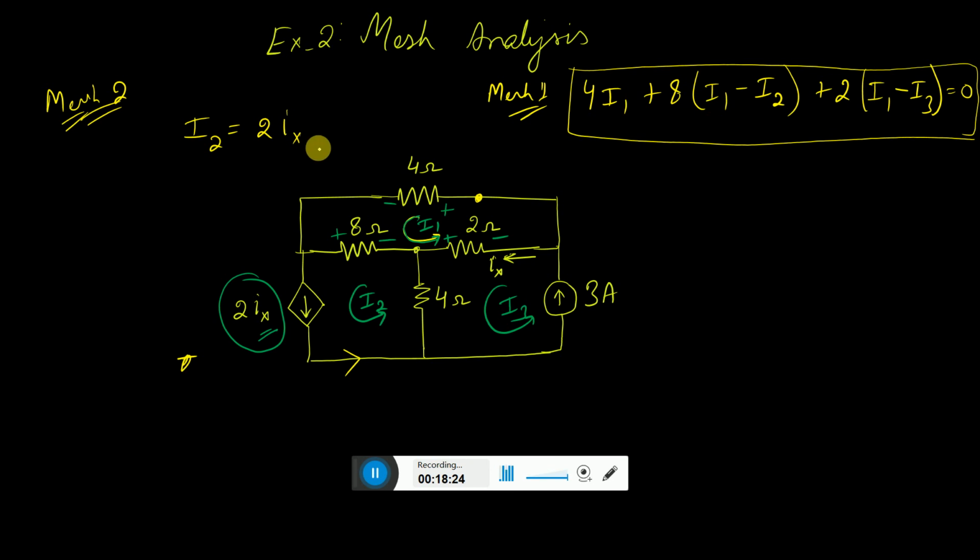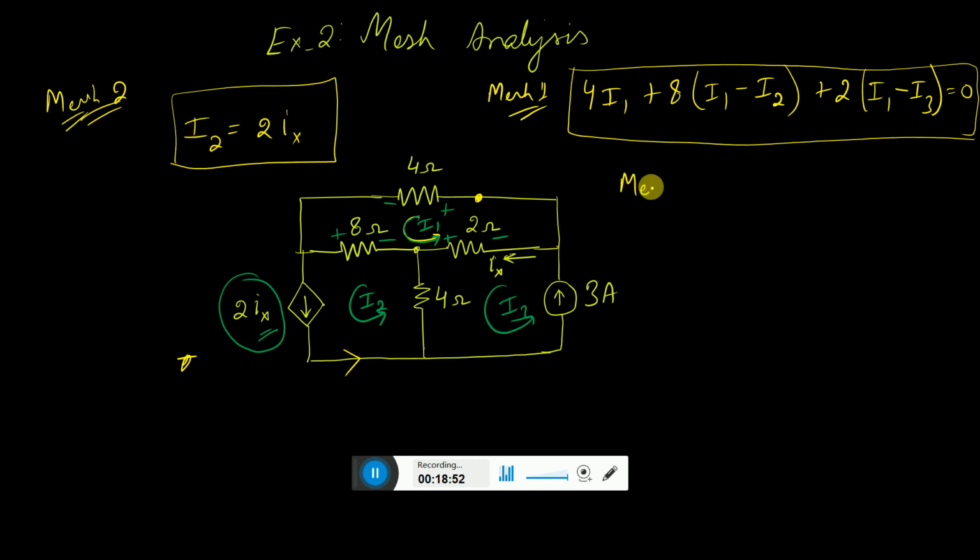Yes, we can substitute the value of Ix later on, but right now it is a dependent current source. The current flowing in this wire is 2Ix, and I2 is obviously equal to 2Ix, because the direction of I2 is the same as the direction of the current source. So the good point is that we get a very easy equation in mesh 2.